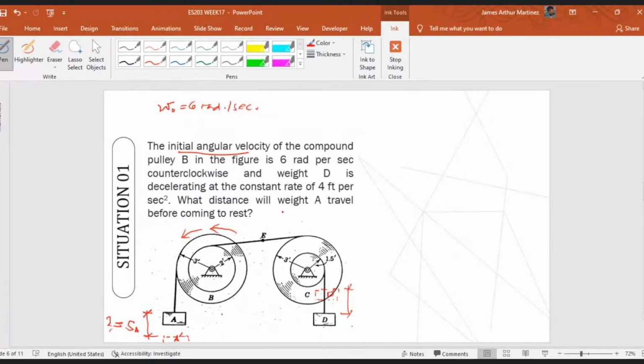This also means that our final velocity would just equal zero.